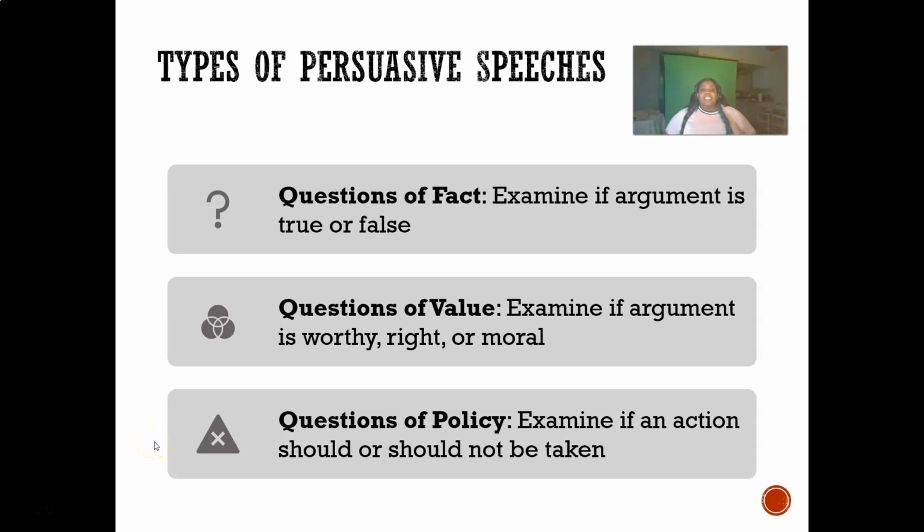Next up, we have questions of policy. So you're going to examine if an action should be taken or not taken. For example, should there be tax cuts, or should we increase taxes on the rich? Or should we have free parking on campus for everyone? With questions of policy, it's more organizational or legal, but you're talking about, okay, what are the rules?